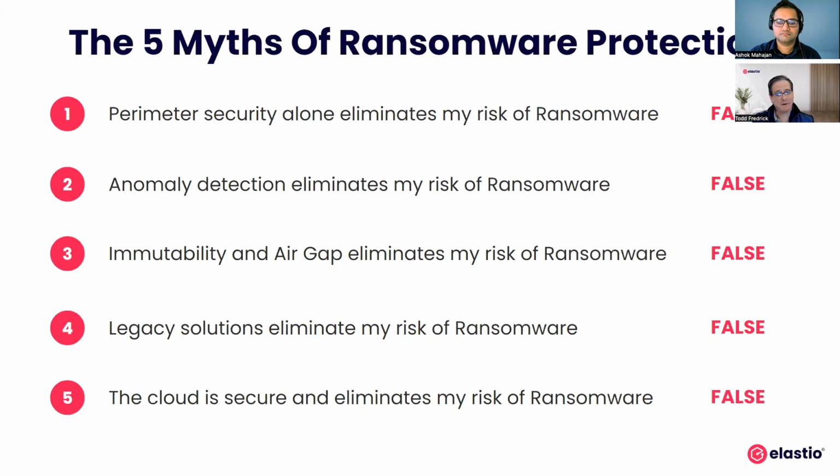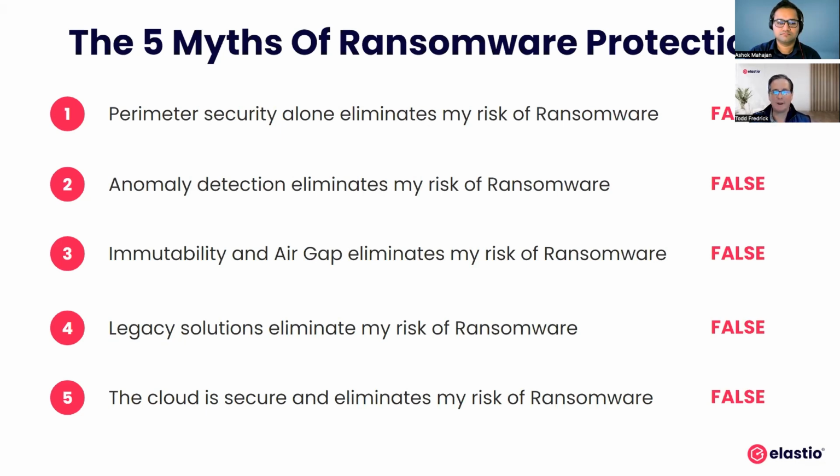Anomaly detection is very popular, but it's only a single pillar in the battle. It's one of many. There's been a lot of talk about how to make backups immutable and air gap them to make sure that they're protected and immune from ransomware. But that alone does not give you the full protection that you might need.